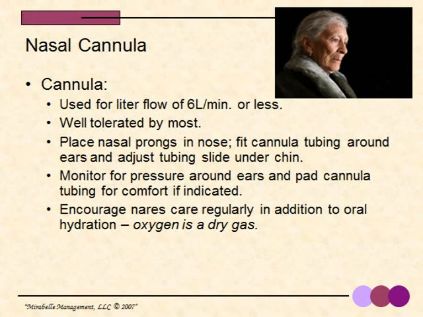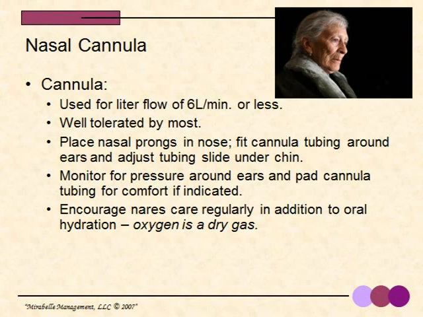Most of the residents who you will be caring for in your facilities will probably use a nasal cannula for the delivery of oxygen. The cannula is used for a liter flow of 6 liters per minute or less. The cannula is well tolerated by most people.